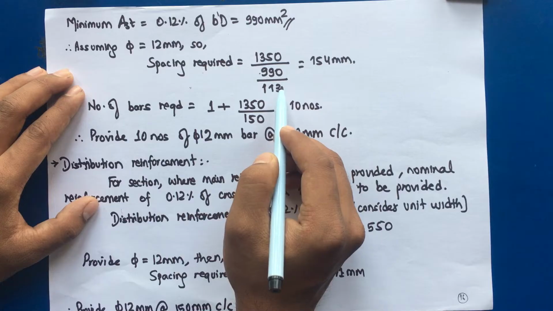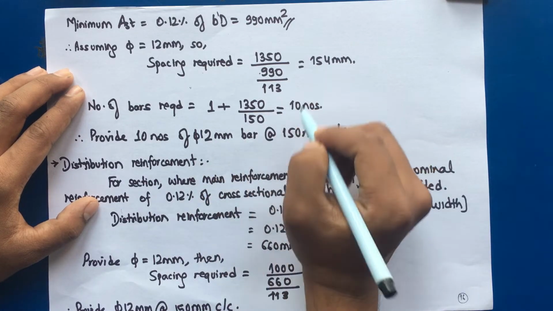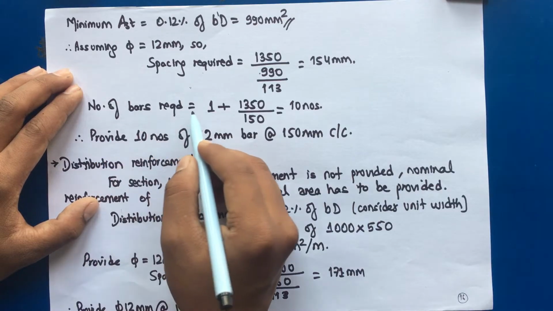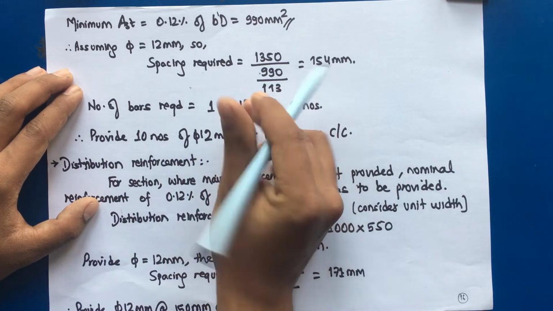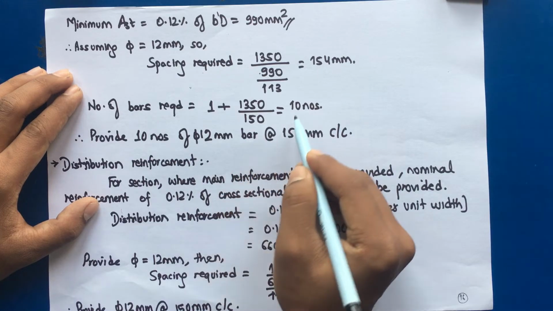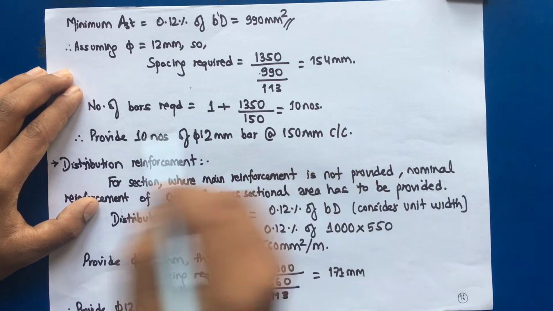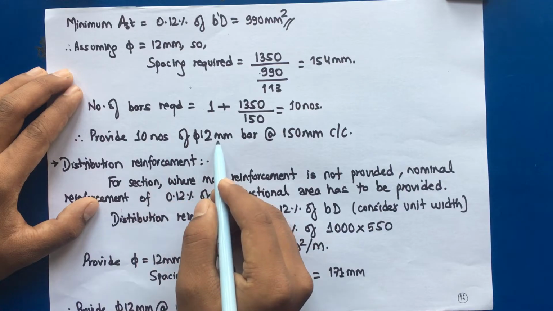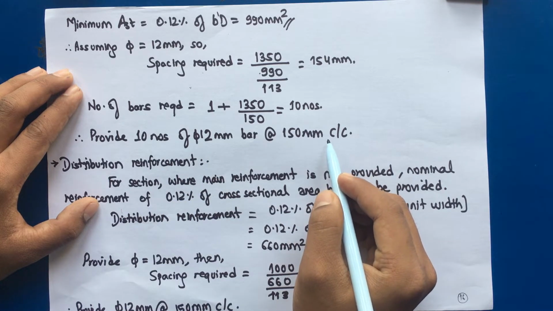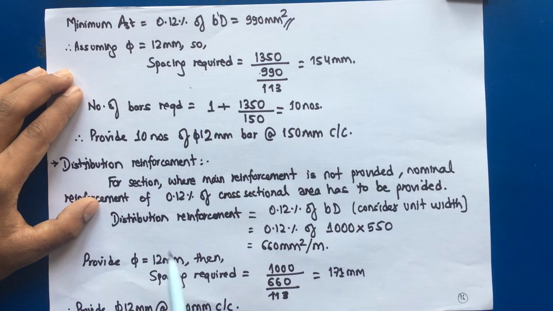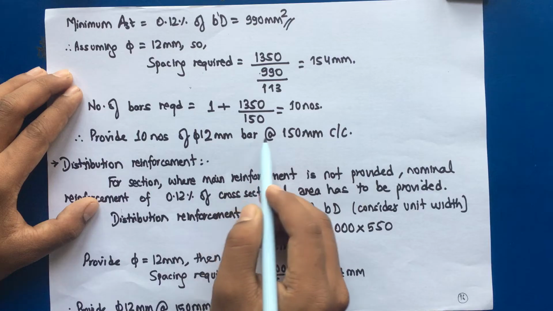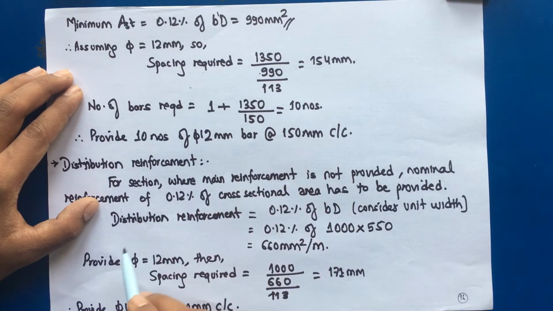So this comes as 154 mm, and providing 150 mm, the number of rebars required will be 1 plus width of the section 1350 divided by spacing provided 150 mm. This comes as 10 nos. Provide 10 numbers of 12 mm bar at 150 mm center to center spacing as transverse reinforcement under column B. Previously we provided 9 numbers of 12 mm bar for the section under column A.